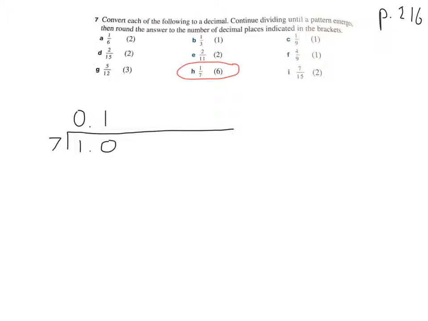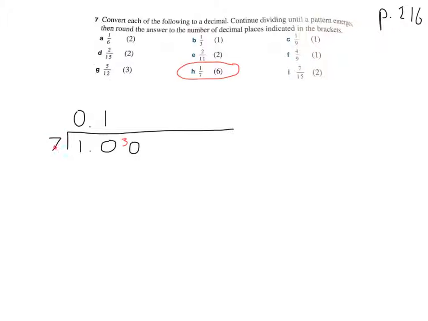Okay? So now the remainder is basically 10 minus 7 is 3. So the remainder is 3, and we put a 0 after the remainder. So now this becomes the number 30.